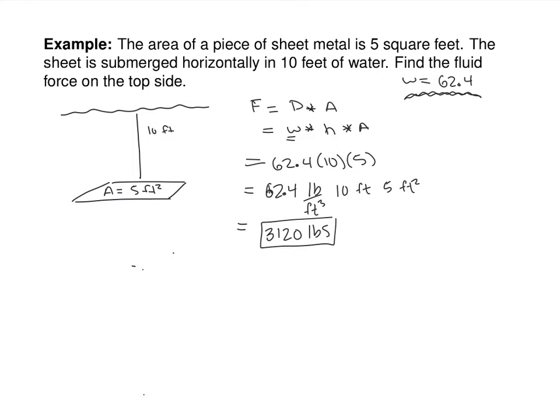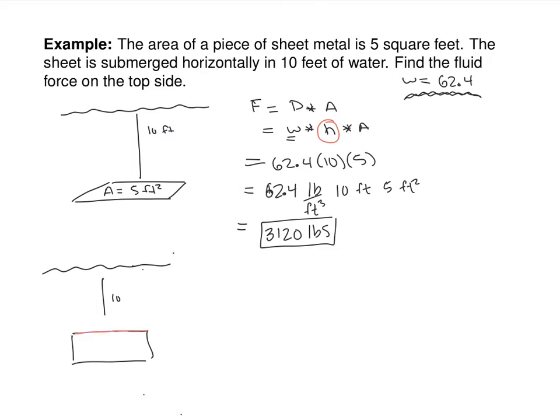So it's easy to calculate the force if you have something lying horizontally. But what if instead this plate was vertical? Like this, and let's just assume that this was 10 feet. Now the issue is you no longer have a constant depth, so that variable is changing.